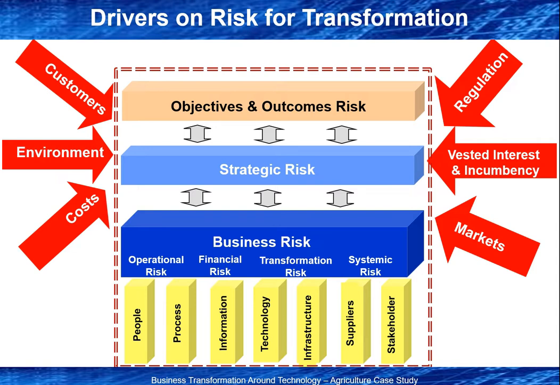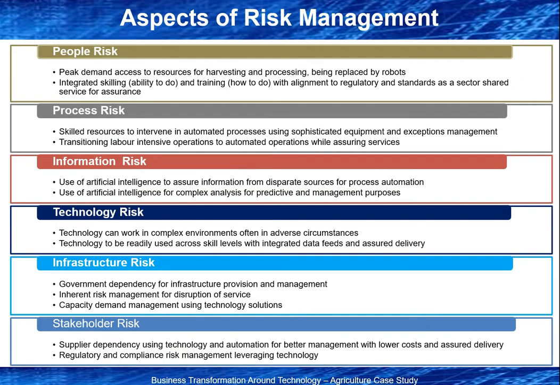As technology changes with the demand for agriculture products and business change, the means of production, the risk profile changes. The common risks from an agriculture perspective are illustrated in a wider business context.